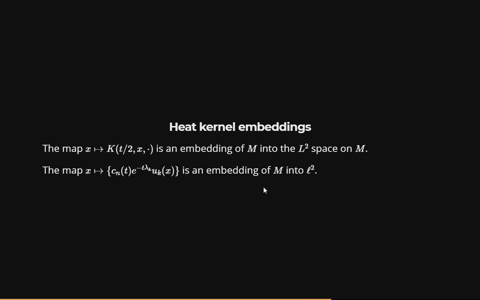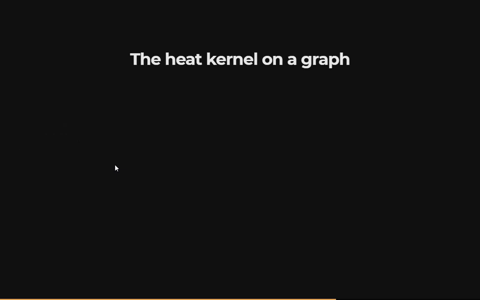So there are two embeddings which are tightly related, the embedding into big L2 and the embedding into small L2 with a sequence. And this is the model of the embeddings we will consider. Now we put the two ideas together, so diffusion process and heat equation.